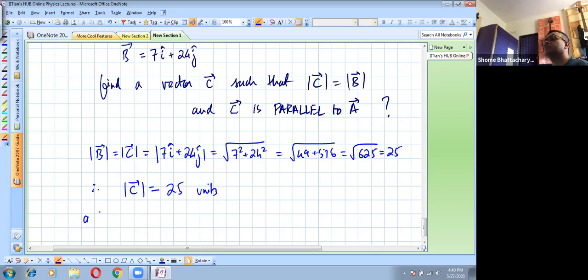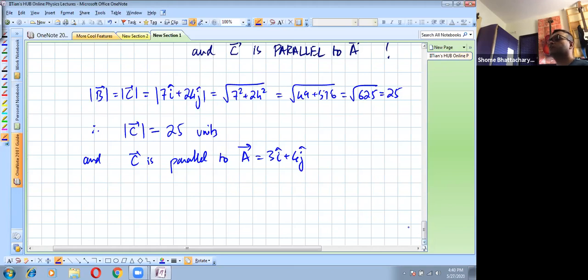And I also have the condition that C is parallel to A, which is 3i cap plus 4j cap. Now see, you can do one thing interesting over here.